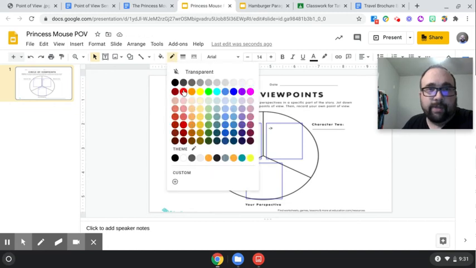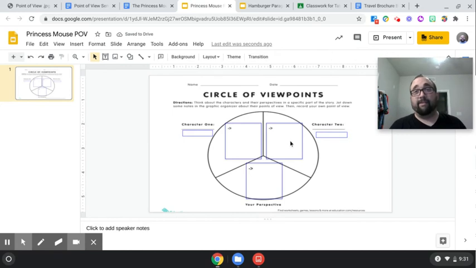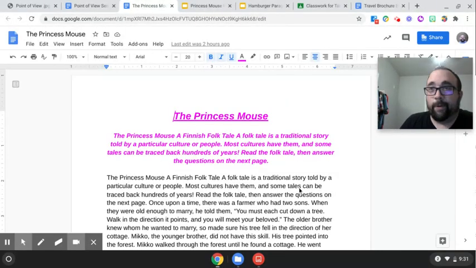And what you're going to do is you will then write some details about their point of view from them, right? So if I were to choose the Princess Mouse as my first character, I would write down some details in here about her point of view, right? That's what you would be doing. Same over here, and then your perspective. Got it?